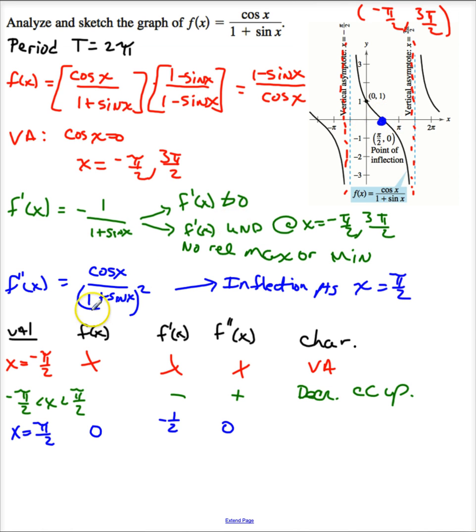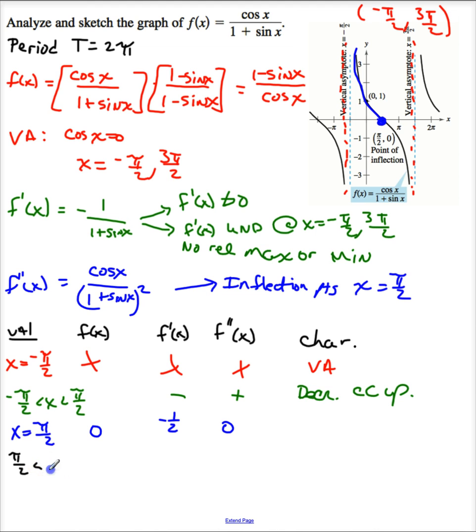I can't say it's a point of inflection yet because I have to see what happens to the second derivative on the other side of it. So I do know from minus pi over 2 to pi over 2, it's decreasing like this.